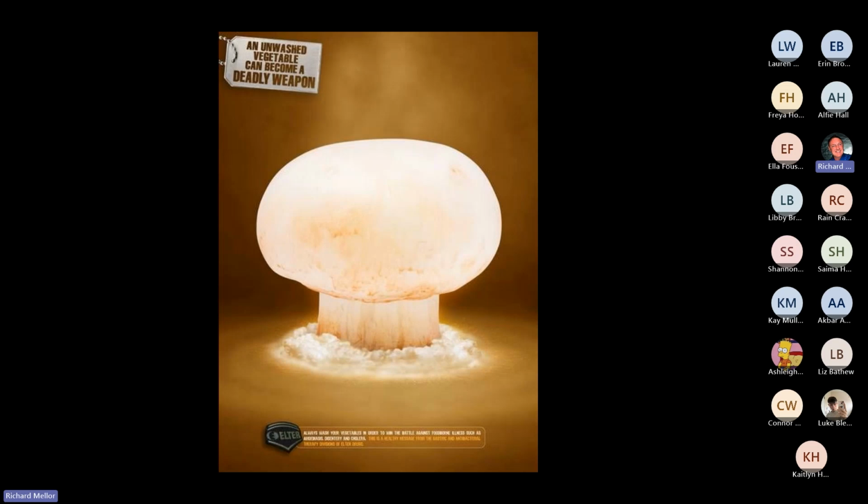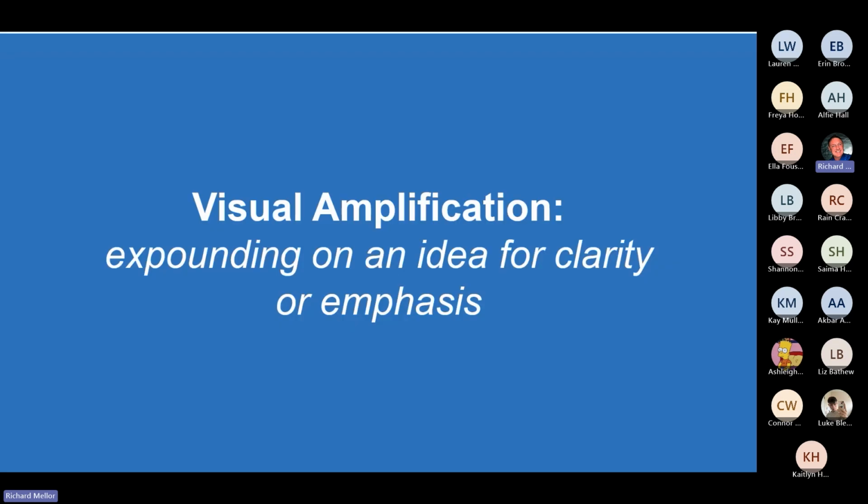So the simple message here is that an unwashed vegetable can become a deadly weapon. Visual amplification is what you call expounding on an idea for clarity and emphasis, or to exaggerate a point.